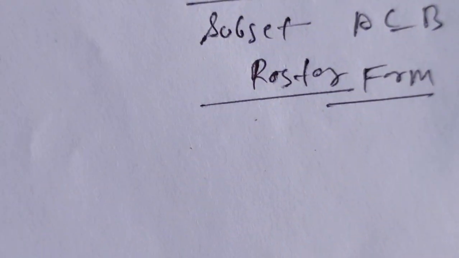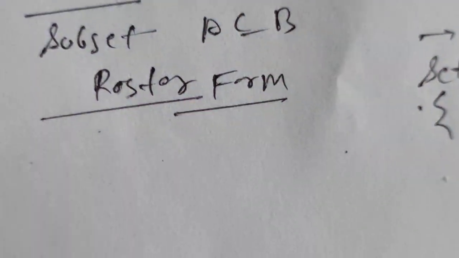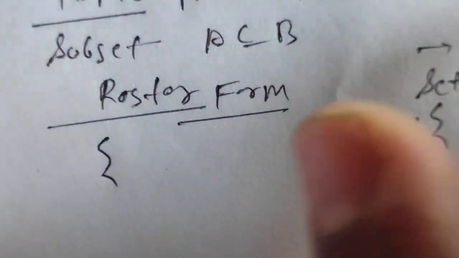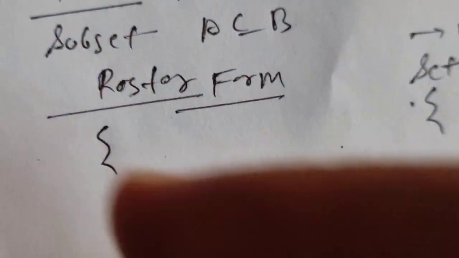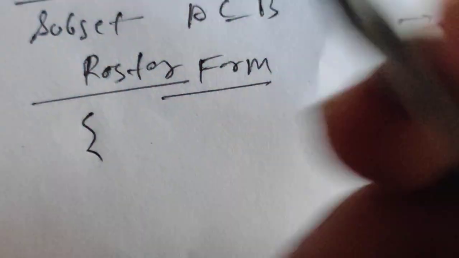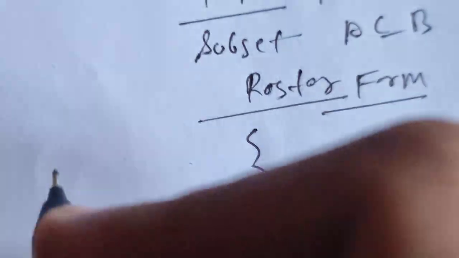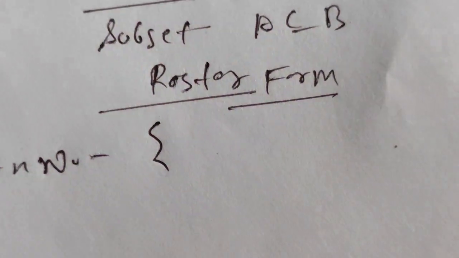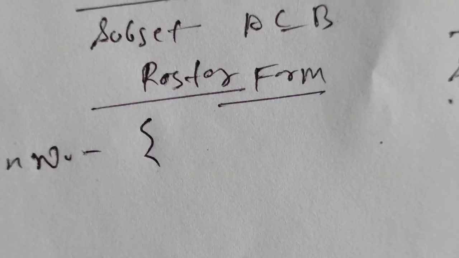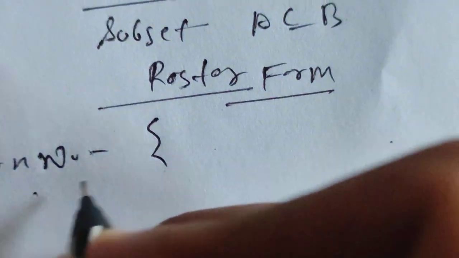One other thing: if we have infinitely many numbers, we also use the roster form, for example n natural numbers.